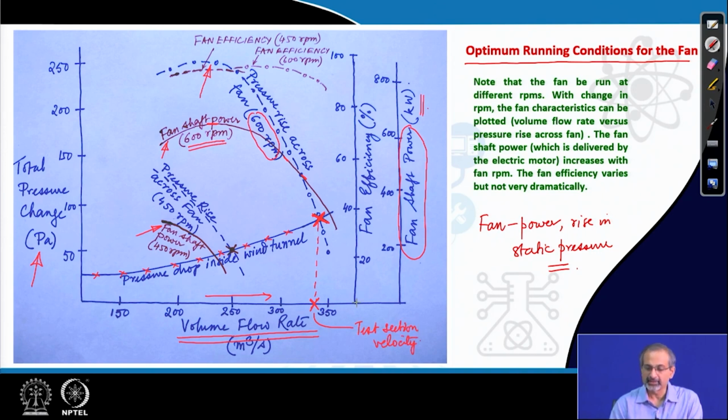If you operate the fan at a different rpm, for example 450 rpm, then this is the pressure rise across fan line for that rpm, and then you find a different operating point for that rpm of the fan, and as you can see, the volumetric flow rate reduces, and therefore, the test section velocity will also reduce.